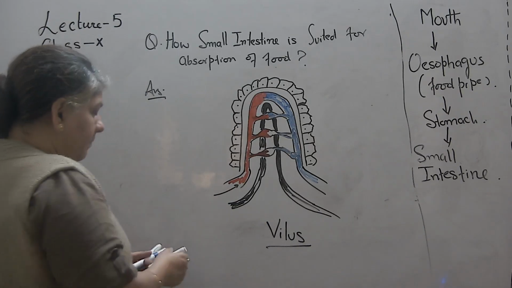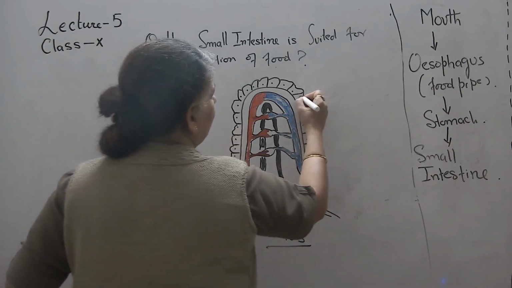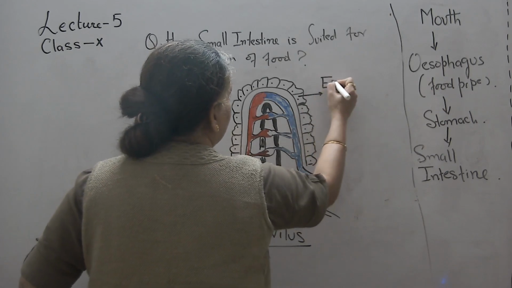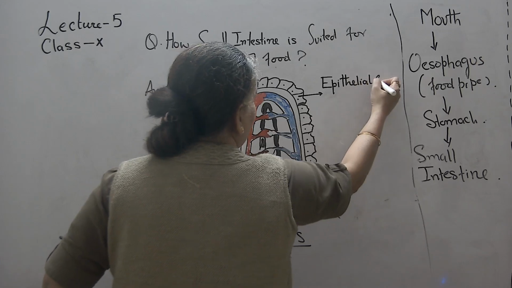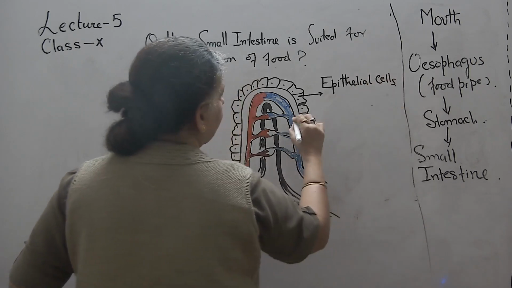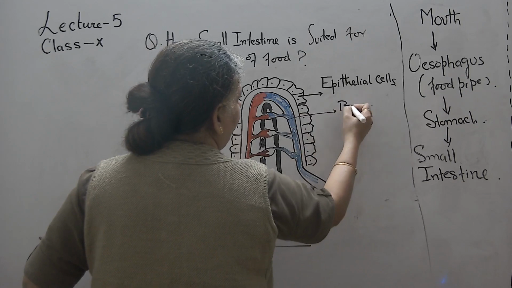It has blood capillaries. These are epithelial cells. These are blood capillaries.